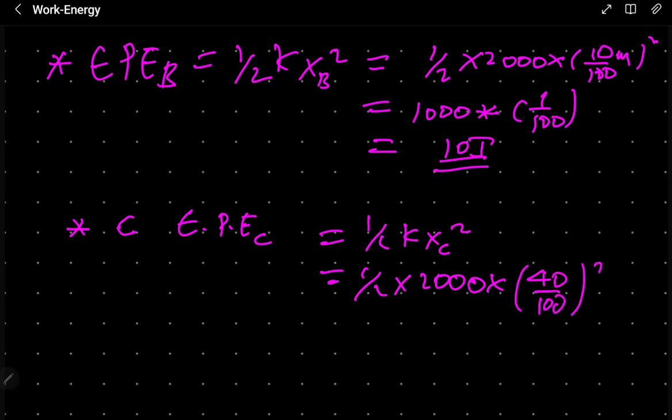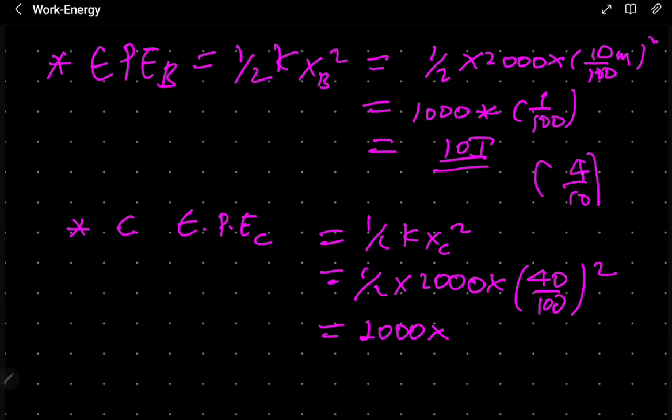You just square this. So 1 over 2 of 2000 is 1000, multiplied by 4 over 10, or 0.4.